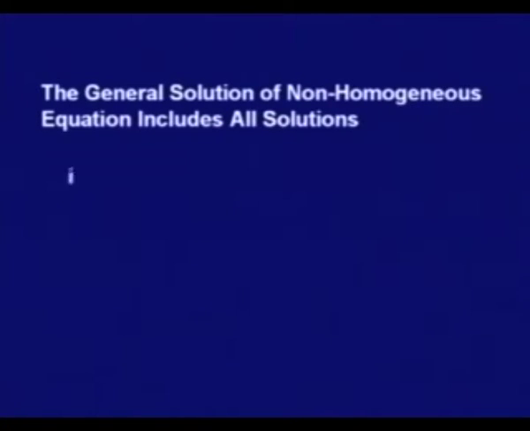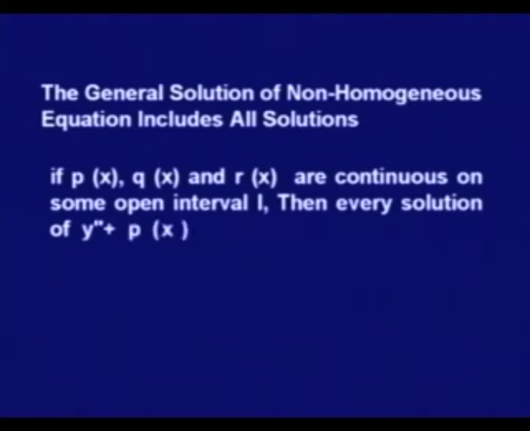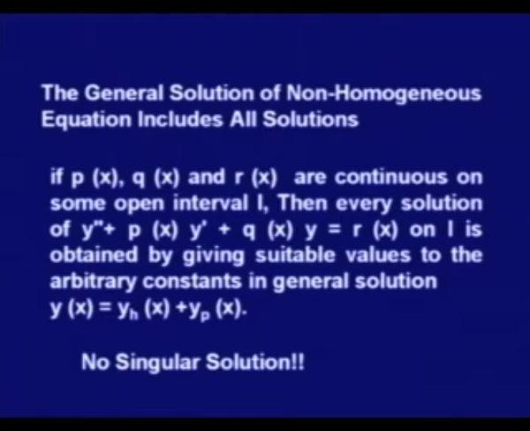What this result says is, if p(x), q(x) and R(x) are continuous on some open interval I, then every solution of y double dash plus p(x) y dash plus q(x) y is equal to R(x) on I is obtained by giving suitable values to the arbitrary constants in the general solution yh(x) plus yp(x). That is, every solution of this non-homogeneous equation can be obtained through this general solution. It implies there is no singular solution.